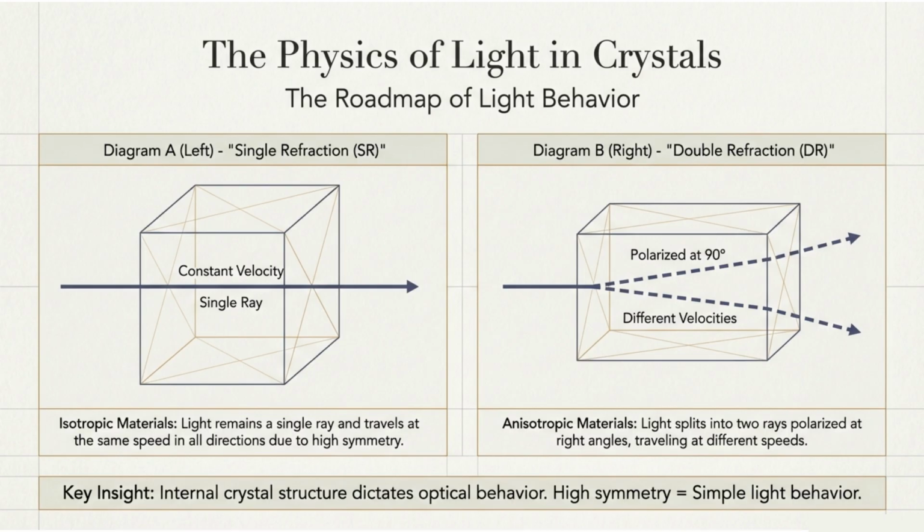So light experiences different speeds depending on its path. That's like running through a city. Smooth pavement one way, sand another way, uphill cobblestone a third. Your speed changes with direction, and so does the behavior of light.